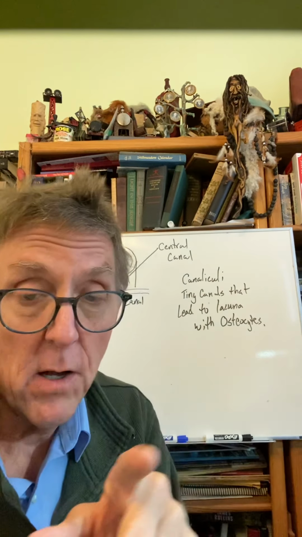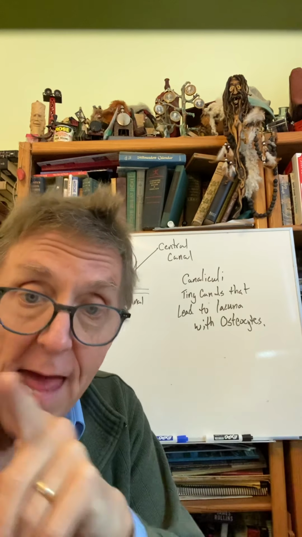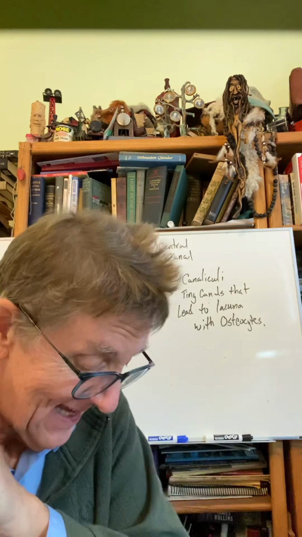You've got to have a kind of cell that is used to produce other bone cells, and that's going to be called an osteoprogenitor cell. And that means our next topic is going to be bone formation. So, osteogenesis in the beginning, all that. Okay.